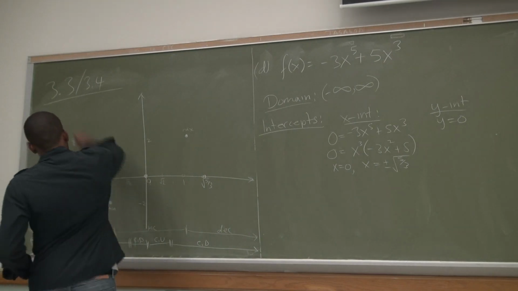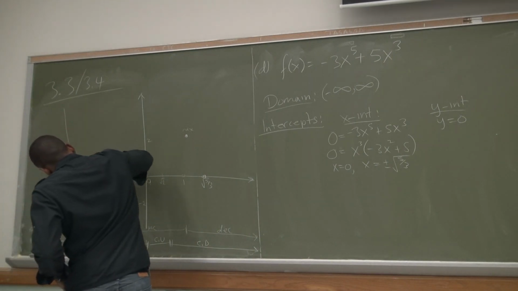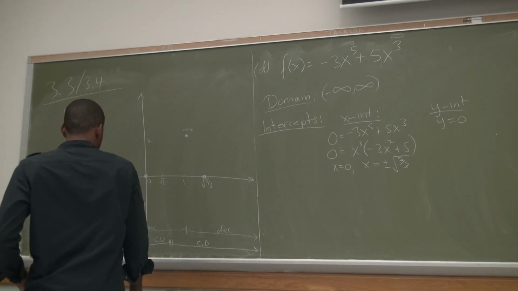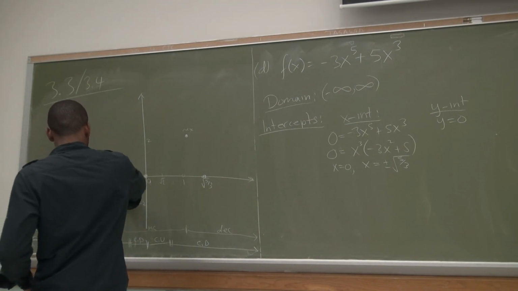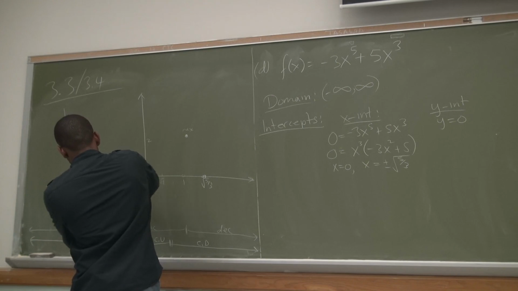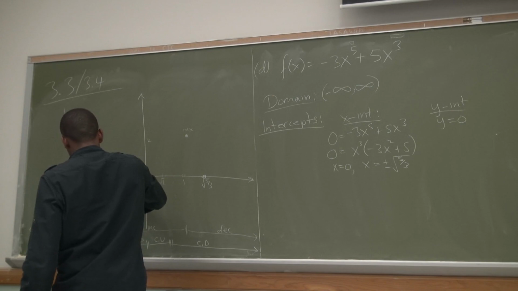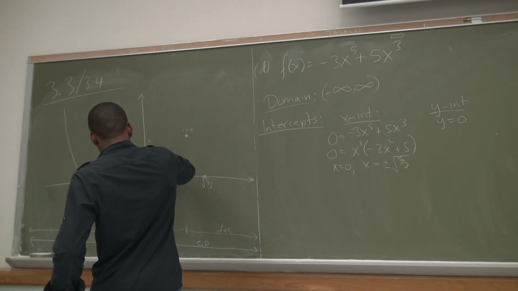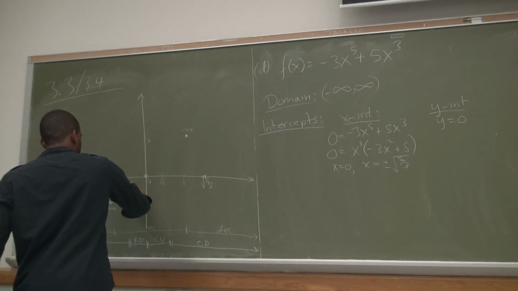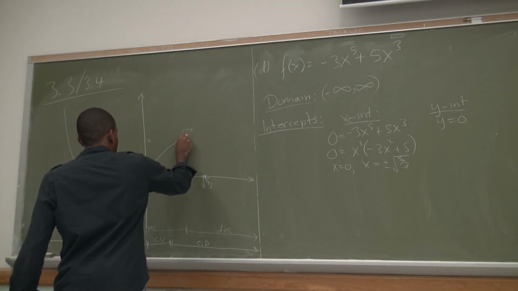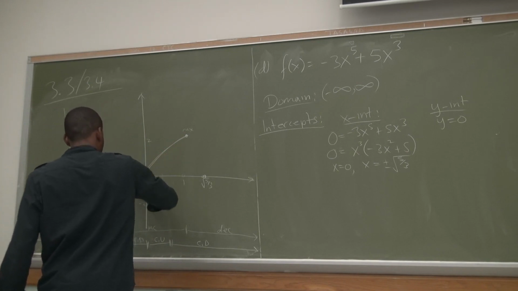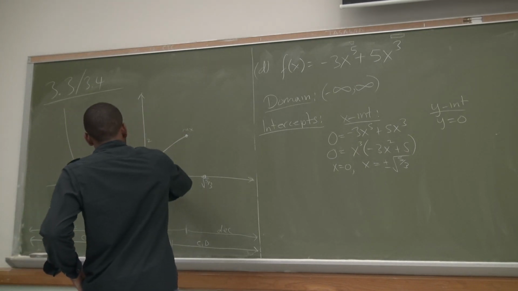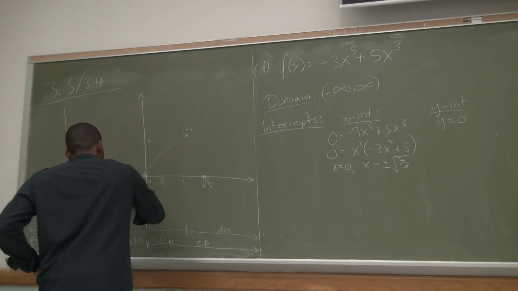So decreasing, concave up. Then I am increasing, still concave up, until I switch. So at some point here is going to be whatever our y value was. Now I still increase, concave down. So I should look at a frowny face this whole time.